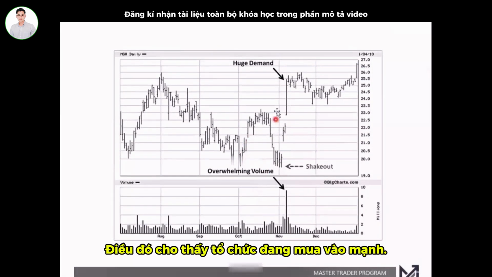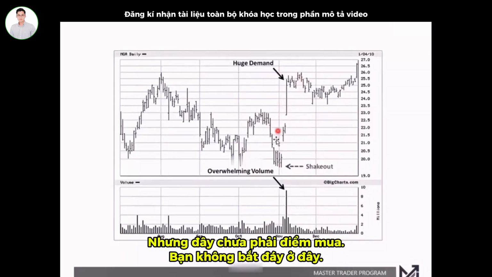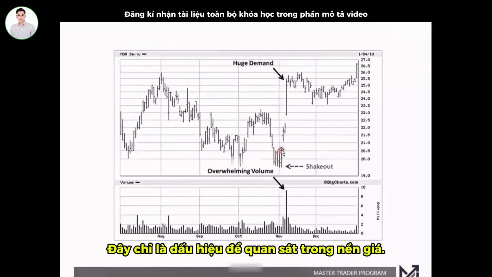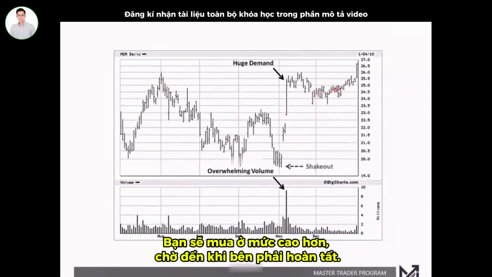They have an appetite. Now, this isn't a buy here. You're not trying to time this. This is an observation, something you want to see within the base. You're actually looking to buy higher than this, waiting for it to build that right side.